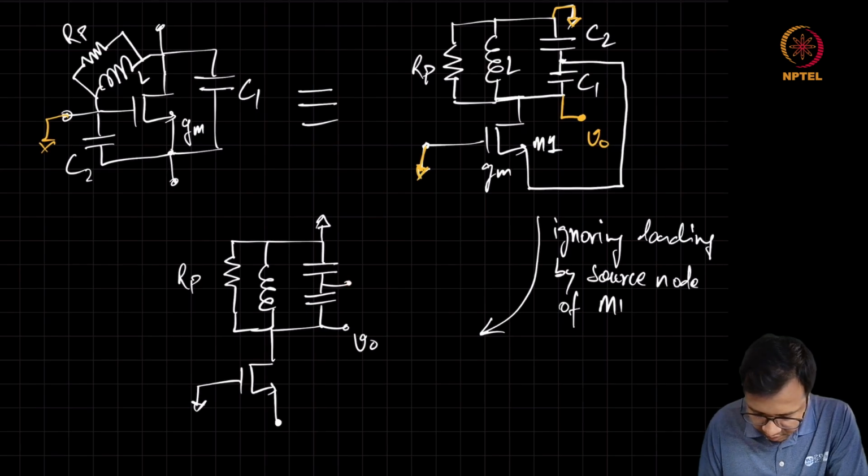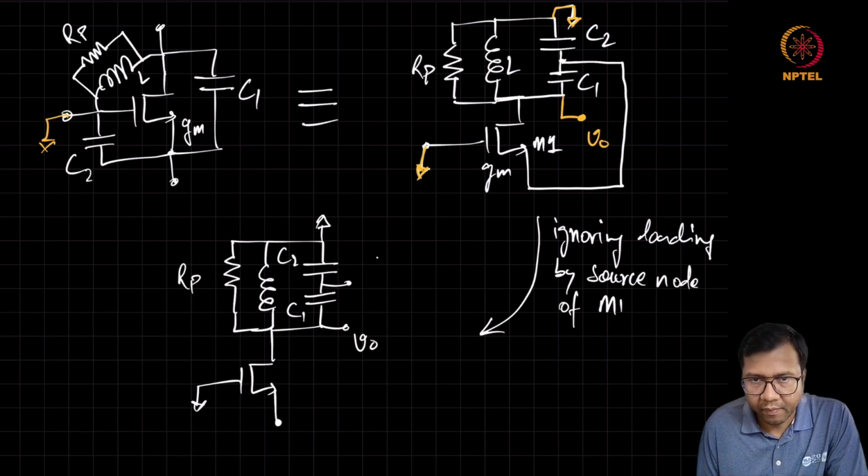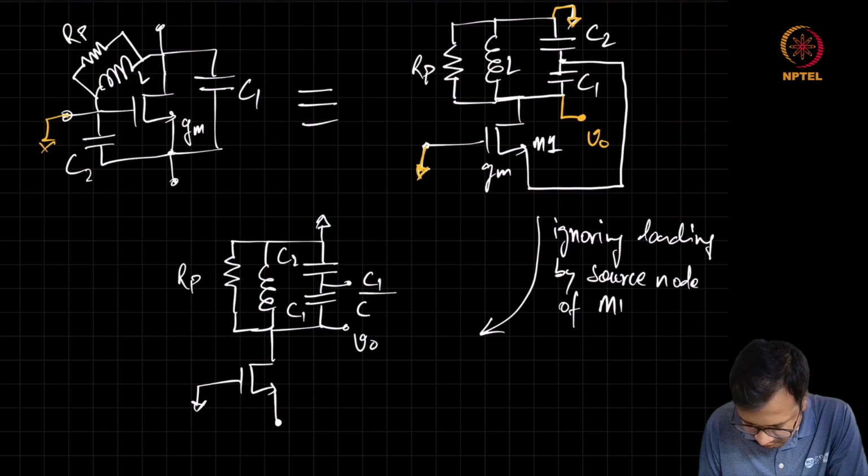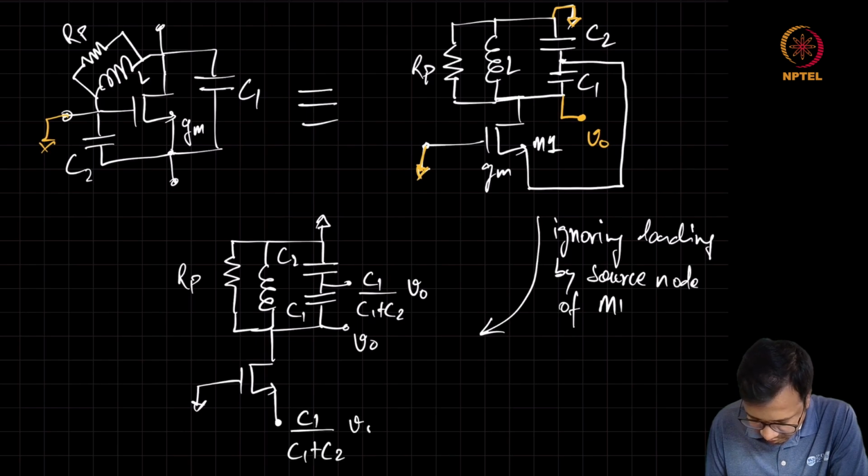And this intermediate node is having a voltage in this simple circuit as a fraction of V0, which is going to be C1 by C1 plus C2 V0. This voltage is also going to be C1 by C1 plus C2 into V0.